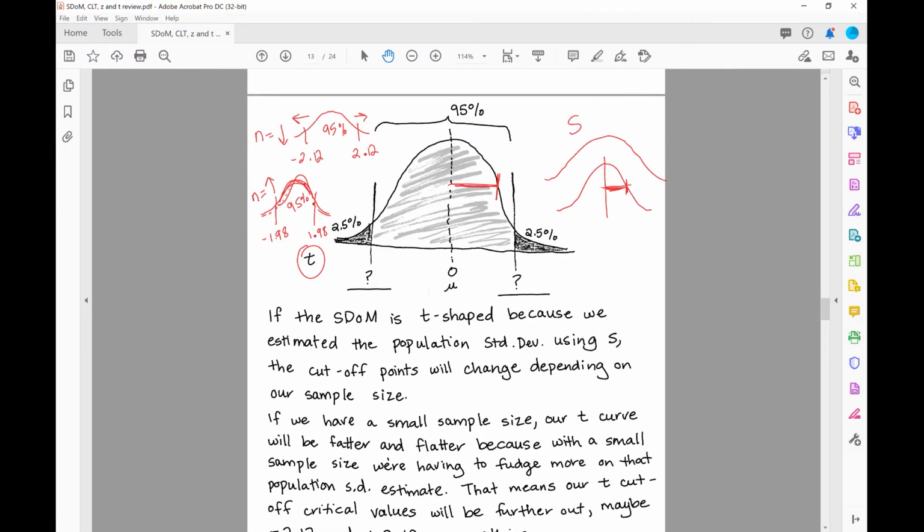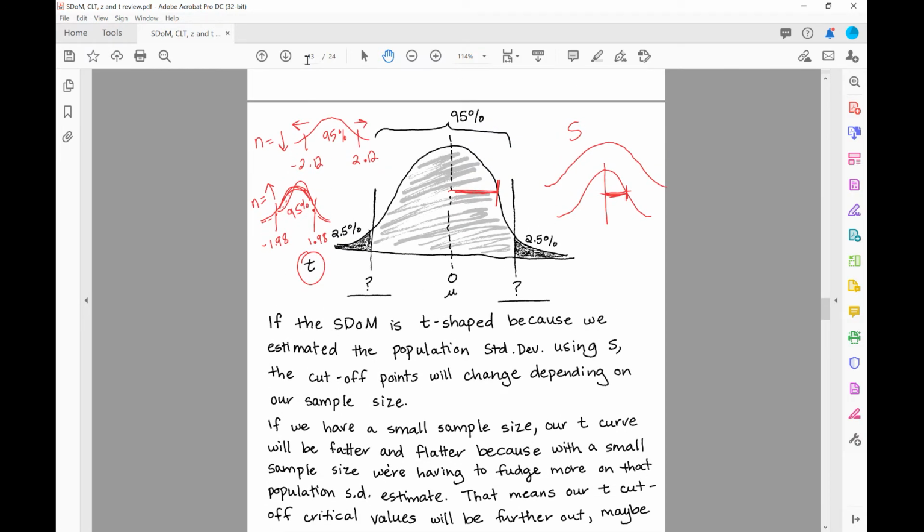So the sample size changes the shape of our T. We might have a fat one or a little bit skinnier. At some point, it's going to approach looking like a Z. If we had a really big sample size, at some point, the Z and the T are going to be essentially the same thing.